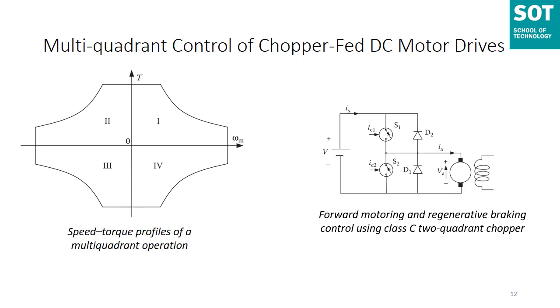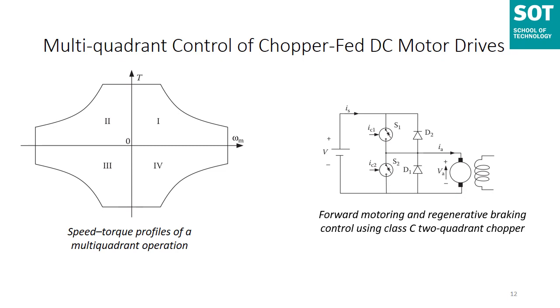What you are seeing in the figure shows the two-quadrant aspect of forward motoring and regenerative braking control, using a class C 2-quadrant chopper.